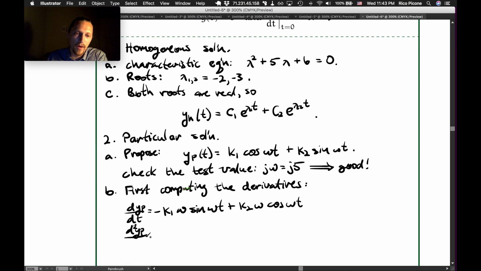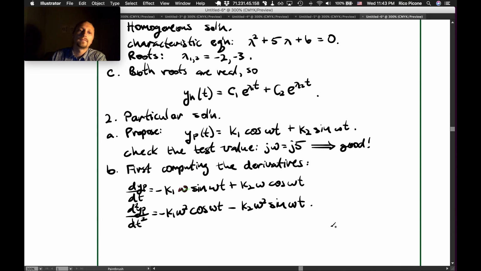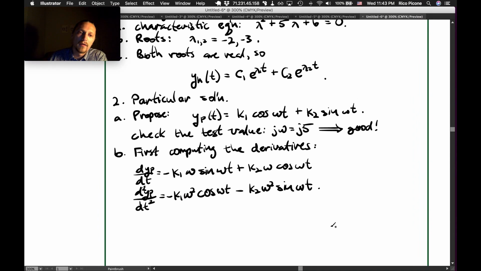Second derivative of yp with respect to time is equal to, derivative of sine is cosine, pick up an extra omega, cosine's negative sine, and also another omega there. Great. So now substitute into the ODE.